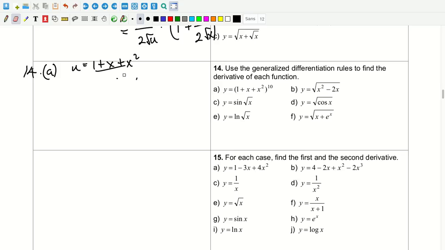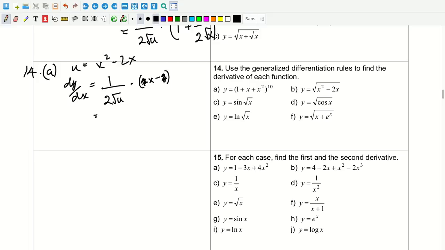Now, my substitution will be x squared minus 2x. So dy/dx equals 1 over 2 root u times 2x minus 2. I can kill a factor of 2. Watch this.